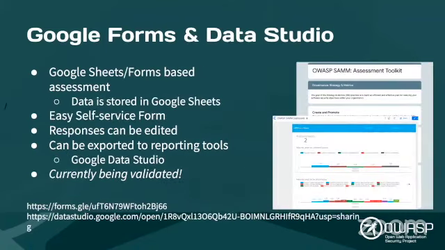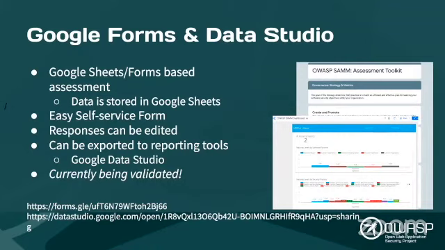And then another recent incarnation, which again I've been tooling around with a bit and would love to have others give feedback on. Primarily my reason for using the Google toolset is that it allows you to quickly prototype some things and share with others to get feedback. So I took the assessment questionnaire and put it into a Google Form, which has the ability to store data in Google Sheets.